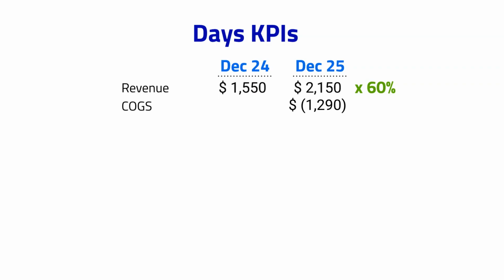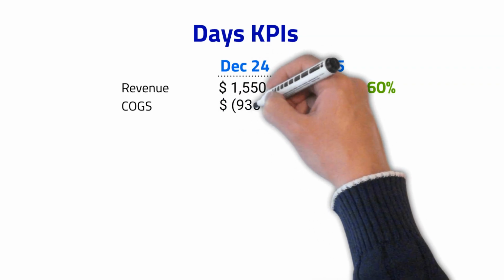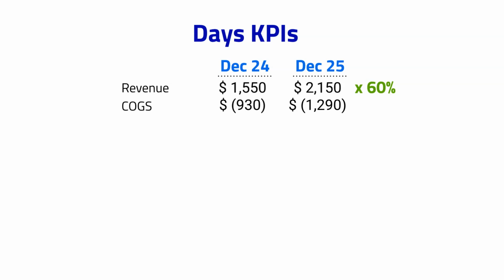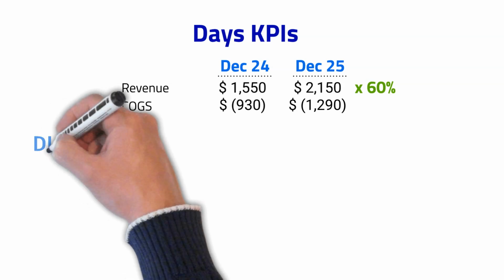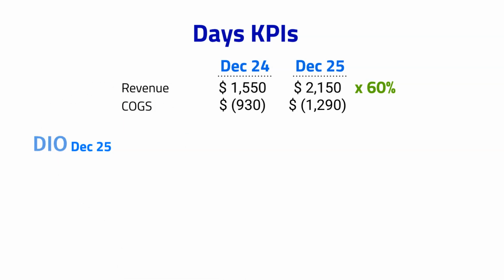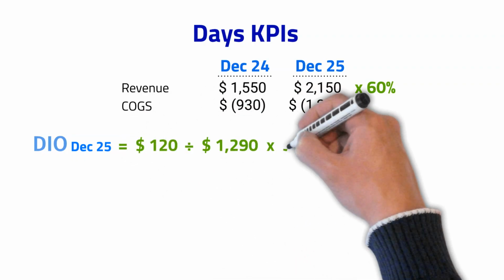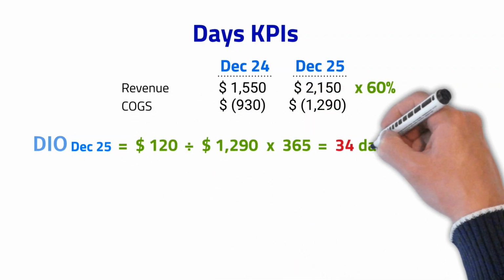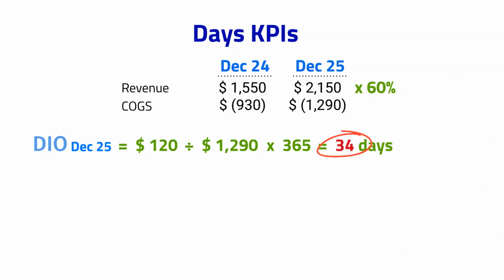And in 2024, it is 930. So, our days inventory outstanding in December 2025 will be 120 divided by 1,290 times 365 equals 34. In December 2024, they were 39 days. A decrease of 5 days, which is more than 10%.